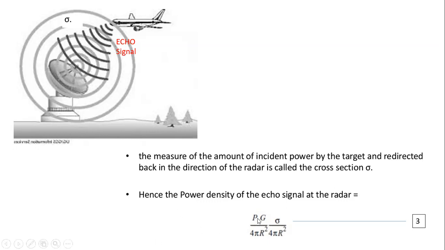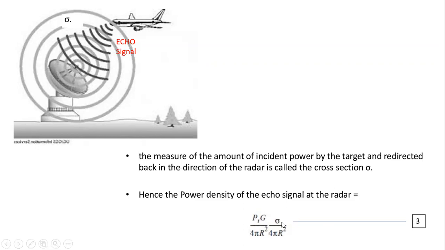So for that, we are keeping sigma by 4 pi r square. Now here, Pt by 4 pi r square, remember, was the power density for an isotropic antenna. Then to make it directional, we multiplied it with G. So Pt into G by 4 pi r square is the power density of the directional antenna.